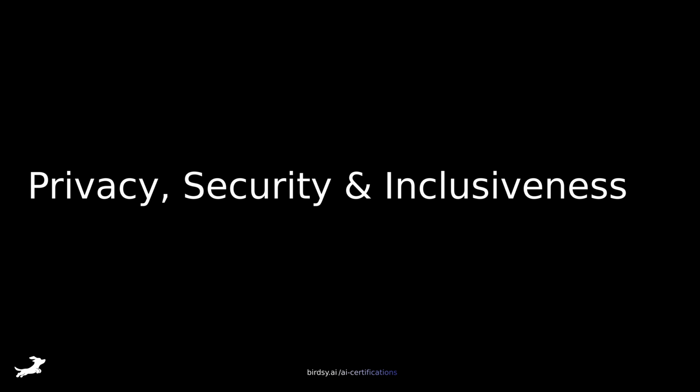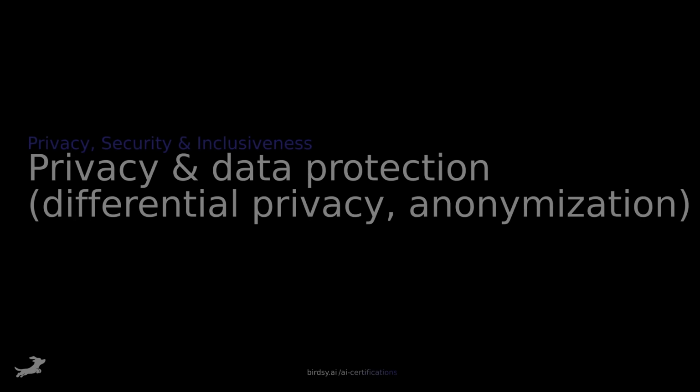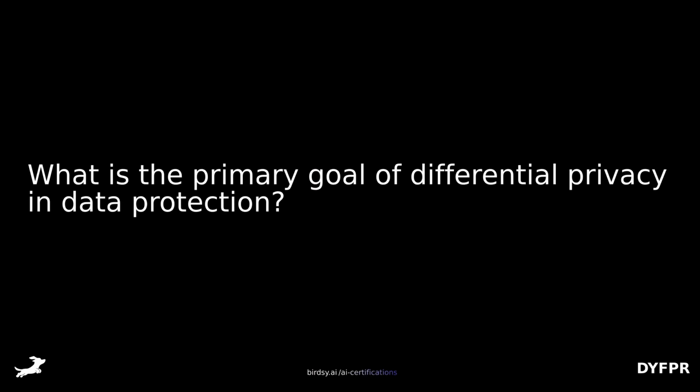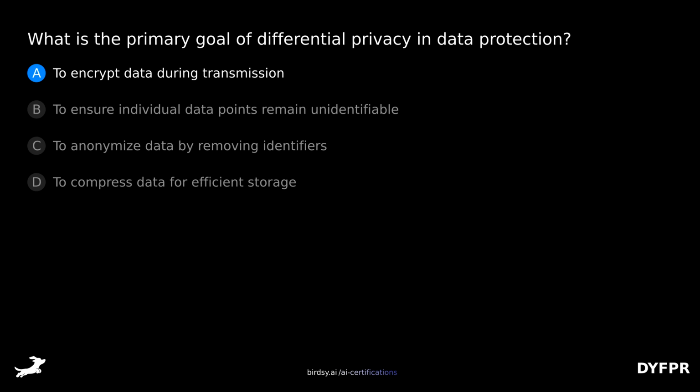Privacy, security, and inclusiveness. Privacy and data protection, differential privacy, anonymization. What is the primary goal of differential privacy in data protection? Is it A, to encrypt data during transmission? B, to ensure individual data points remain unidentifiable?